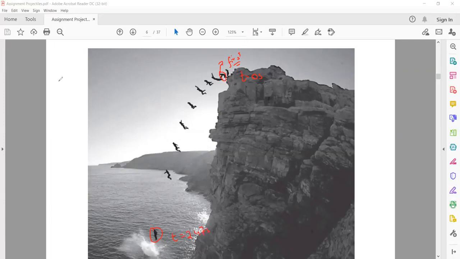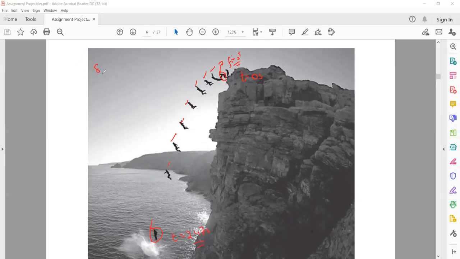The question is how many pictures are taken in 1 second. So how to work out the number of pictures taken in 1 second? You will not include this one because this is already taken. This is when time is equal to 0. After that, this is the first picture, then second, third, fourth, fifth, sixth, seventh, and then this is the eighth picture taken till the time interval of 2.47 seconds.